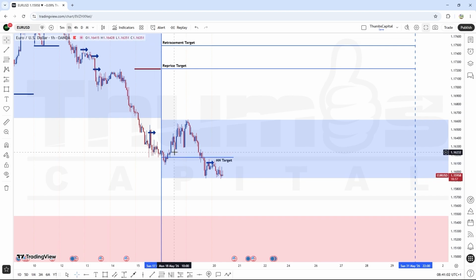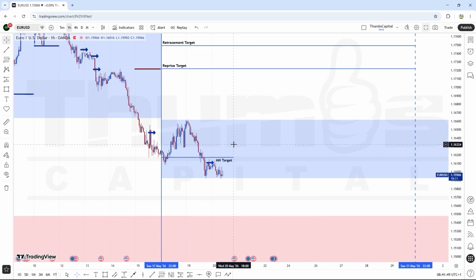Now the current direction in the market as at the completion of the control block is bullish, which is the reprice move to go target this level. So our false move is going to be bearish. So right after the control block is formed, we expect a sell move first before we will see a buy to go fulfill the reprice and also probably reach the retracement target.